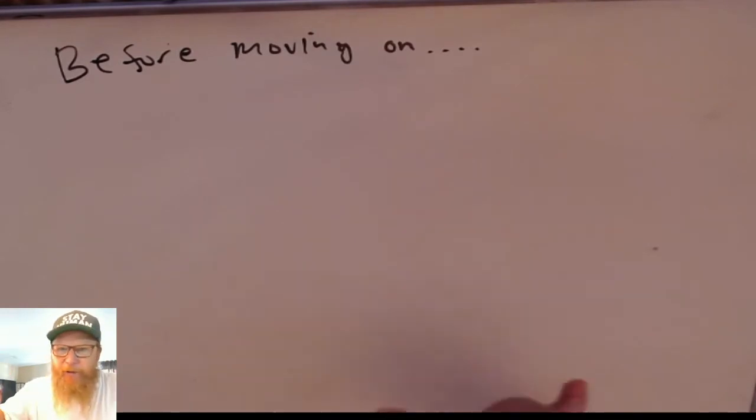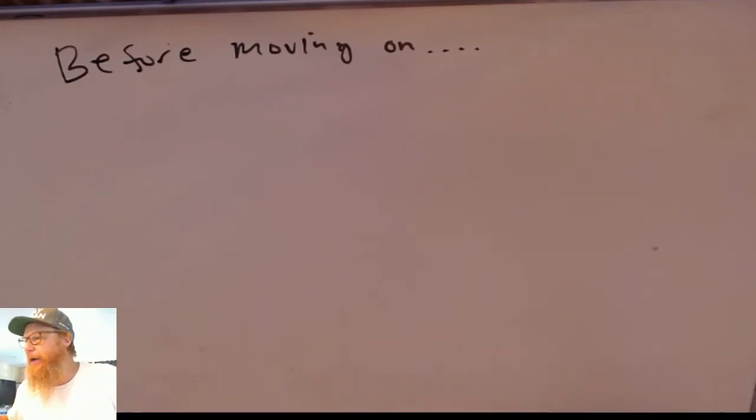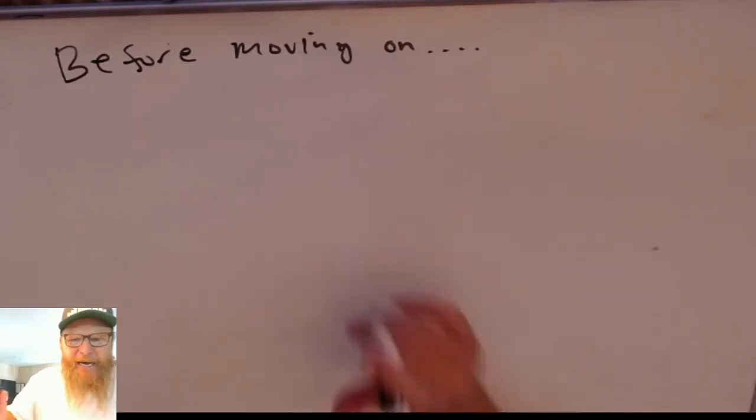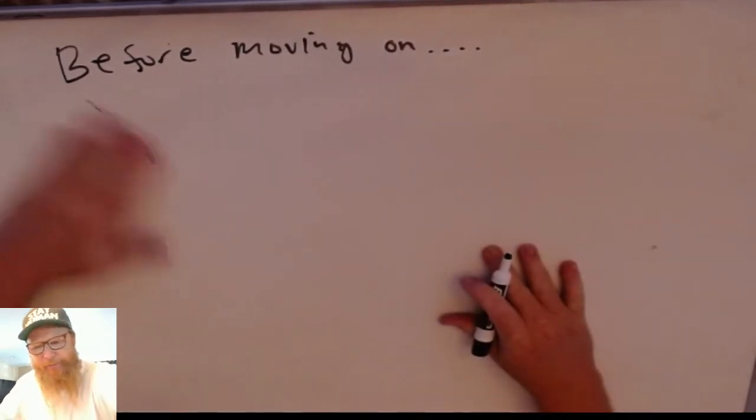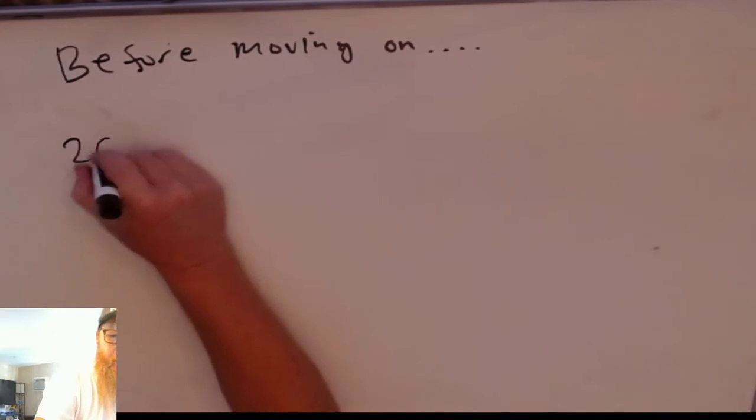So just a couple things I want to mention before we move on and finish this lesson. It looks like I might get this done in record time today. Let's use a different number. Let's go back to 20%.